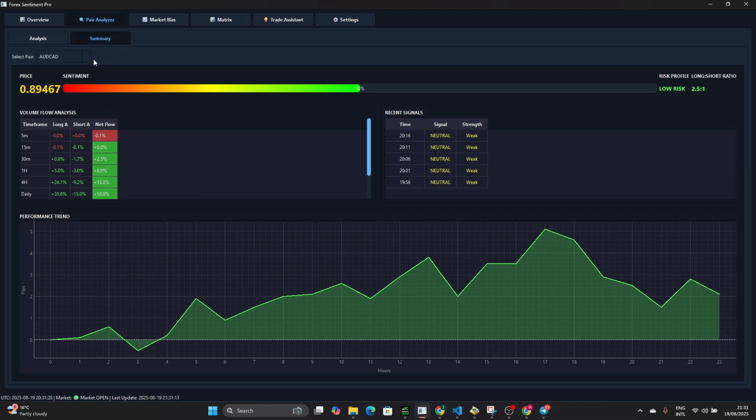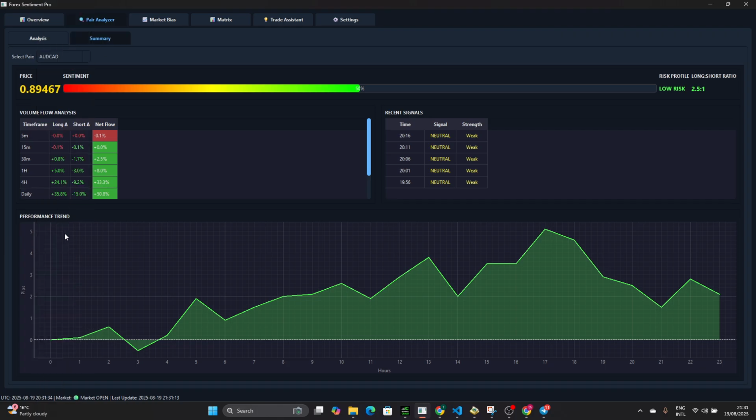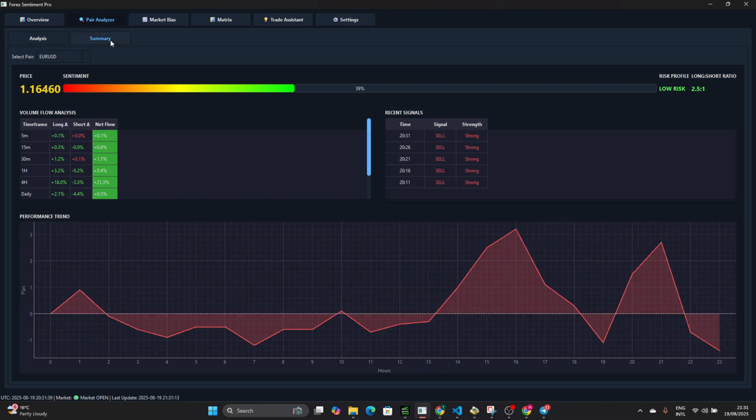The summary tab is, I should have renamed that tab actually. I'm going to rename that tab in the next update, which I have a big update coming. This is the sentiment risk ratio summary, where the volume flow analysis is very important to look at.